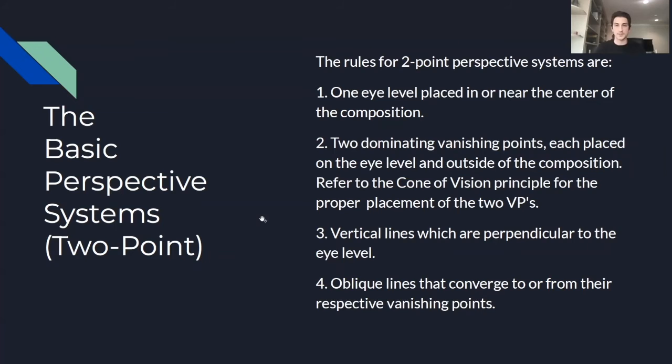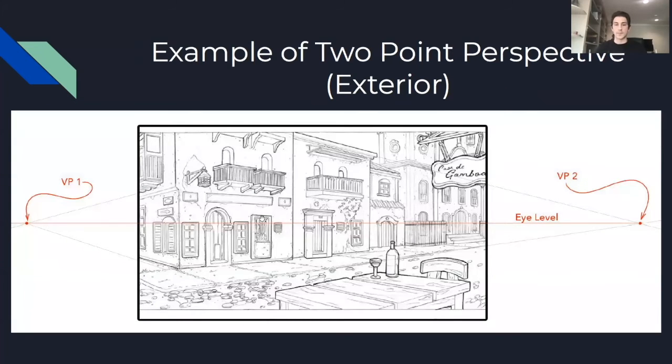Next slide, please. Now, for these examples of 2-point perspective, what makes a 2-point perspective is when you apply these sets of rules, starting with both of these vanishing points. When you work on the eye level, it needs to be at the center of the composition.